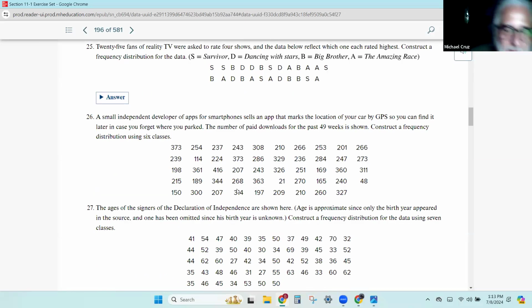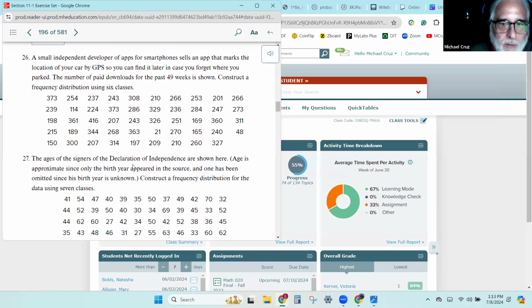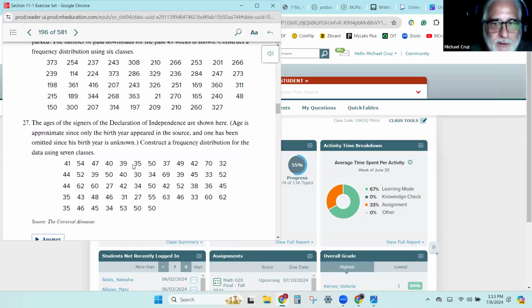And most everything that you're doing, it'll tell you what the classes are. So I'm going to make up the classes on these. Let's see. So this is a neat one here. The ages of the signers of the Declaration of Independence are shown here.